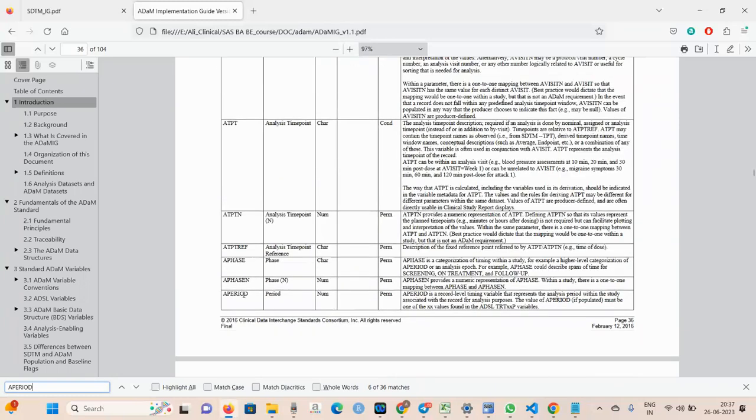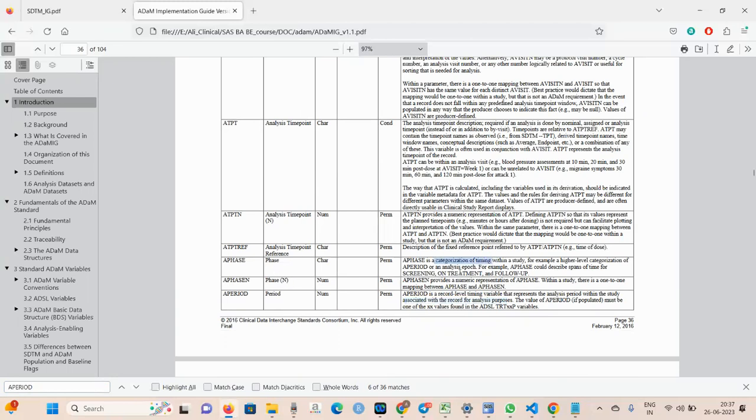So the A period is a record-level timing variable that represents the analysis period within the study associated with the record for analysis purposes. And A phase is categorized as a timing variable.